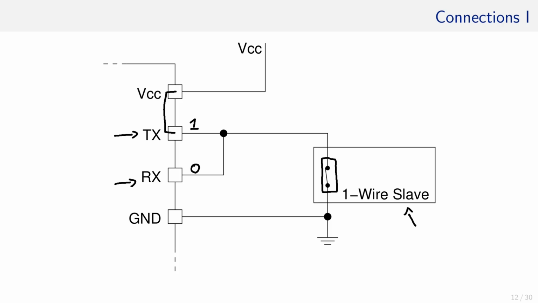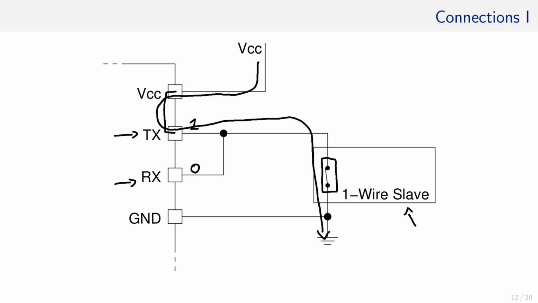So the current goes from VCC through the microcontroller, comes out at the TX pin and goes directly into the ground. Hence, we have a short circuit generating not only unnecessary heat and a high power consumption, but it might also damage the TX pin.